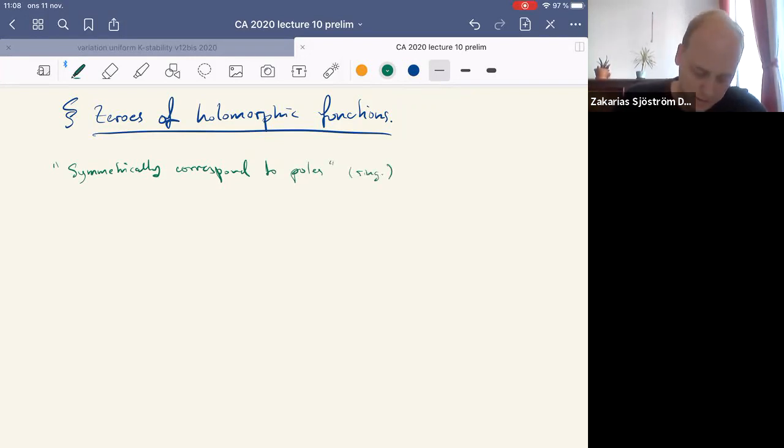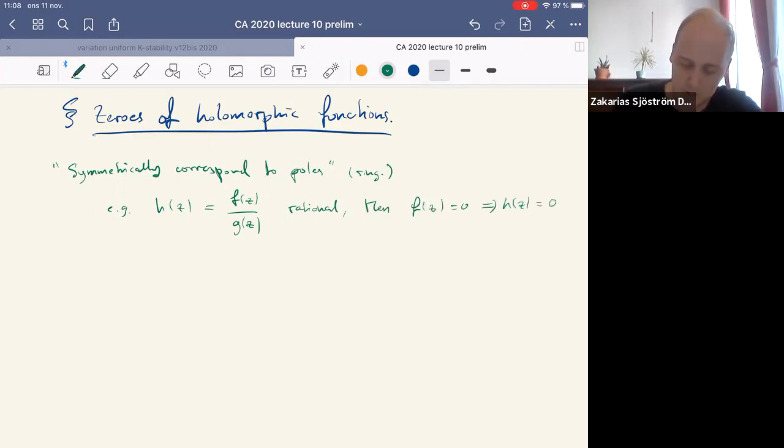For example, if I write down some rational function h equal to f over g, this would be a very typical simple example. Of course, if you have a zero of f, then it gives a zero of h. Assume no common zeros for f and g, as usual, just to be on the safe side.